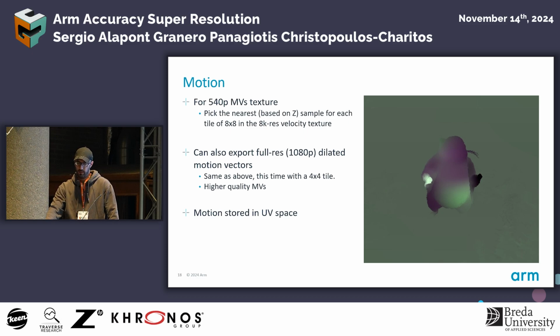For the 1080p, we pick a sample within a 4x4 tile. The 540p is used as an input to the upscaler, as someone would expect. And the 1080p, because of its higher quality, is used for debugging, really, things like reprojection, for example. And motion vectors are stored in UV space.